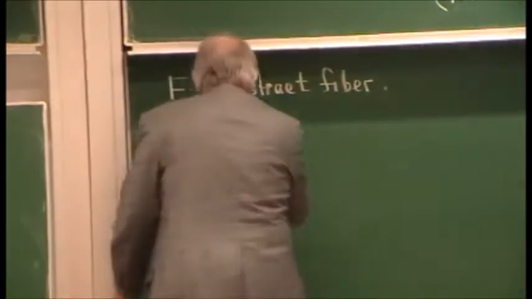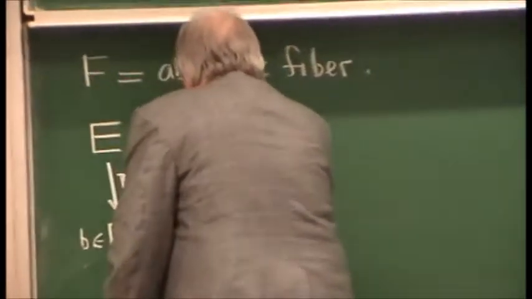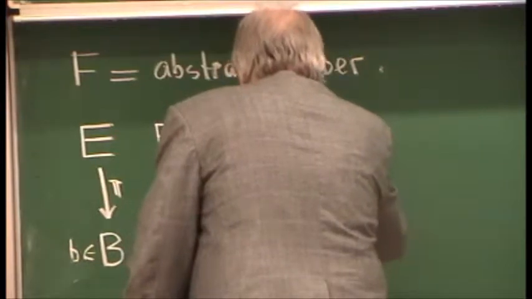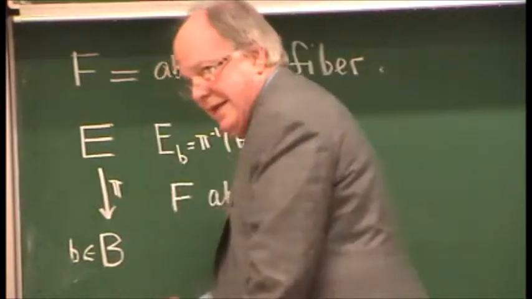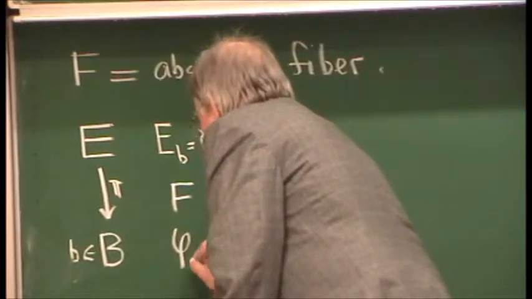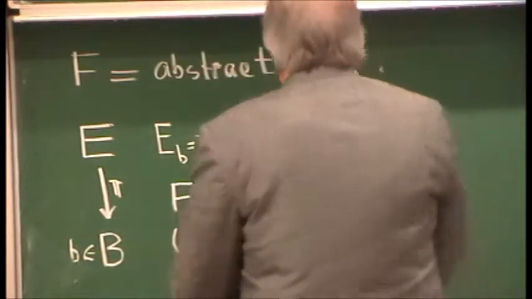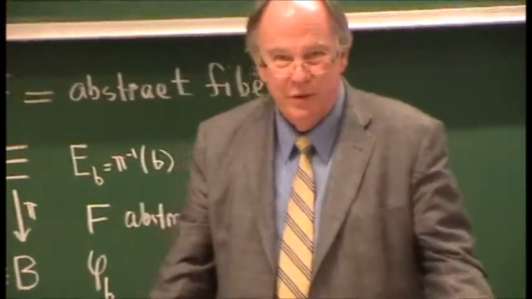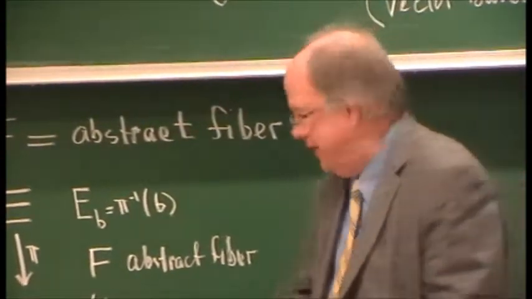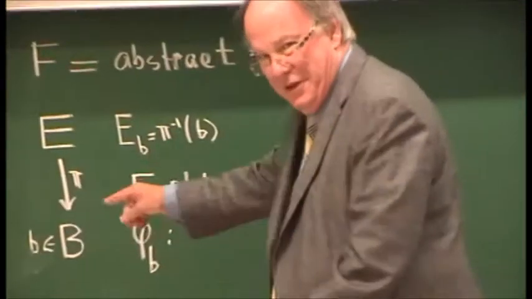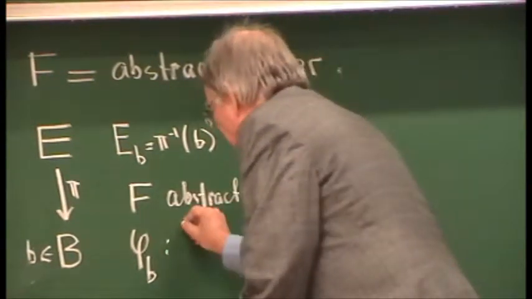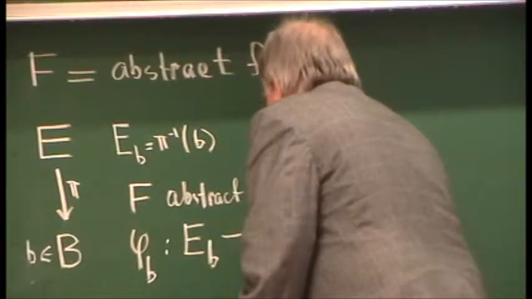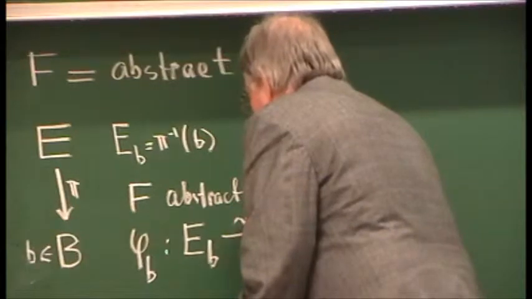F is another space. This is the abstract fiber. And I said for each B, you better have an isomorphism Phi sub B from here to the abstract fiber.